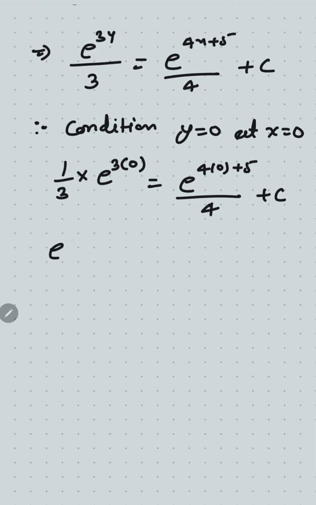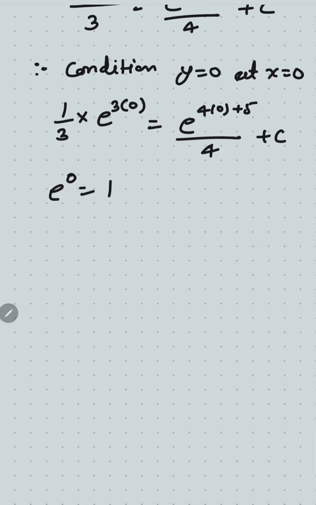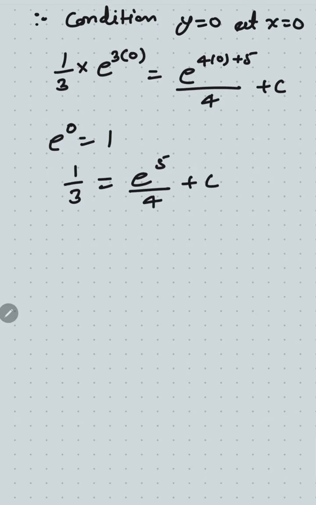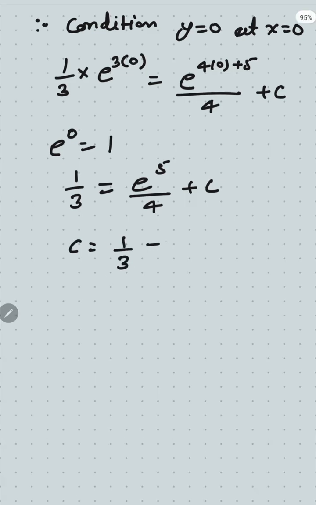We know that the power of 0 is equal to 1, then 1 by 3 is equal to e to power 5 divided by 4 plus c, then c is equal to 1 by 3 negative 1 by 4 e to power 5.